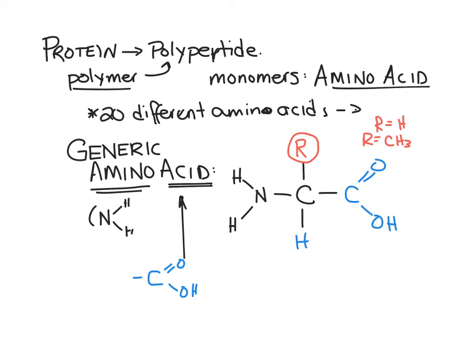And when you look at the R groups, that's what determines the properties of the amino acid and how they behave when they're next to each other, and that's how the shape of proteins exists: the R groups give each amino acid its properties.